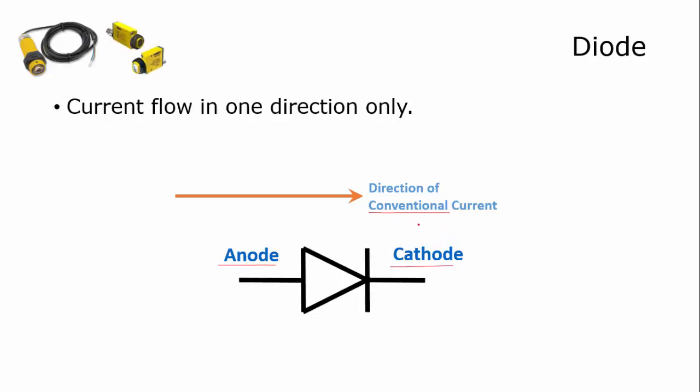Now, we briefly talked about the difference in current flow. Remember, conventional current flows from positive to negative. Electron flow flows from negative to positive.